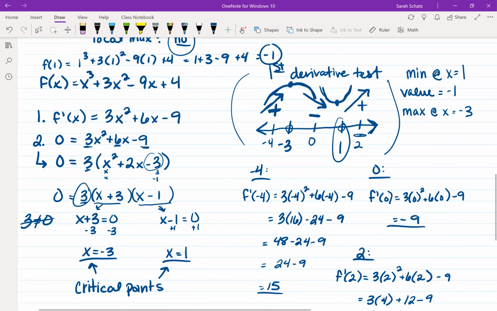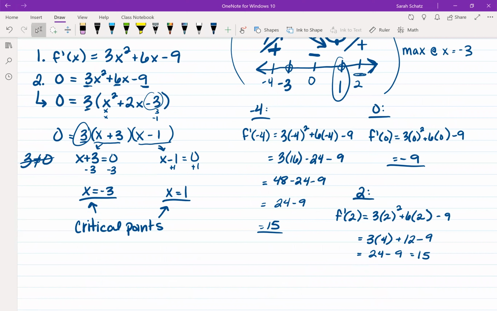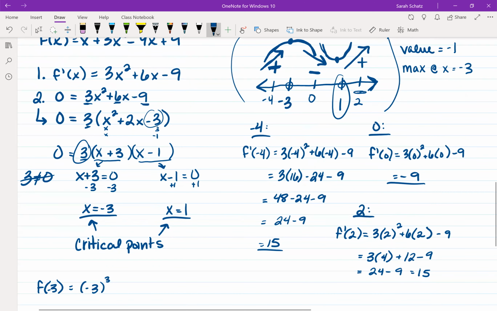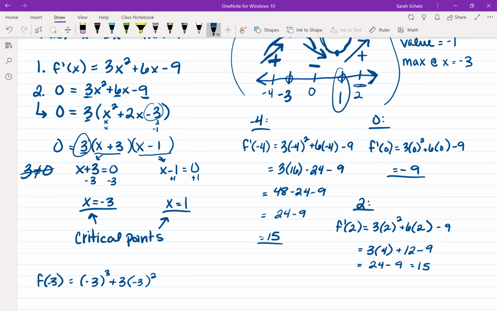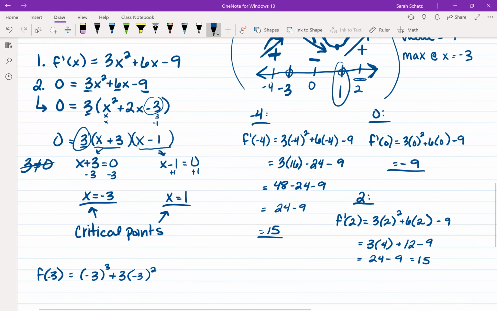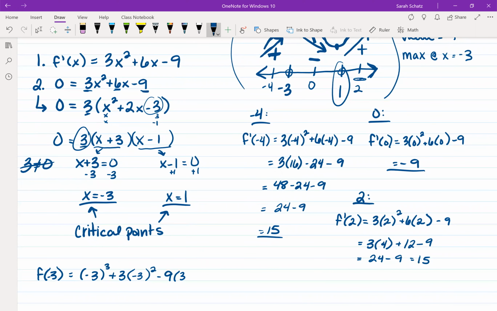So I'm going to need some space to do that. Let's put it down here. Remember, original function, putting in negative 3. So it's going to be negative 3 cubed plus 3 times negative 3 squared minus 9 times negative 3 plus 4.